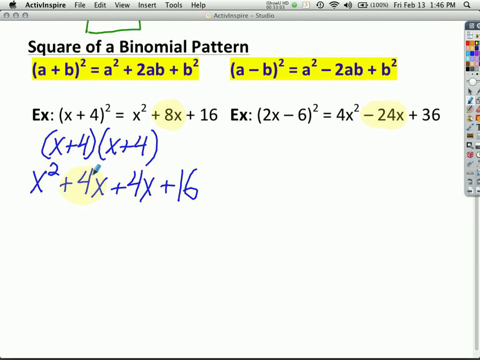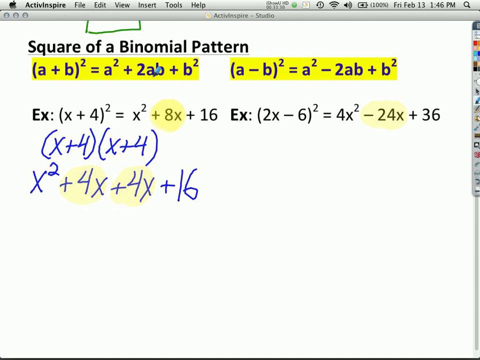But how many 4x's showed up when I FOILed it? Cheyenne? 2 of them. And so what we do is we double the 4x. So you can think of it 2 different ways. You could say 4x plus 4x is 8x. That's where this comes from. Or you could say double it. In other words, 4x times 2.